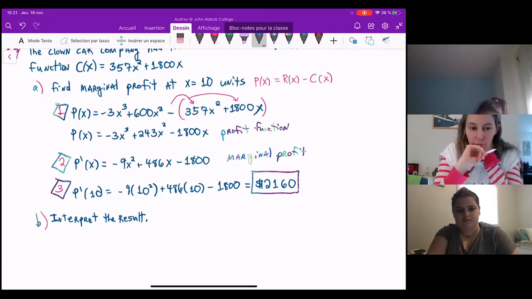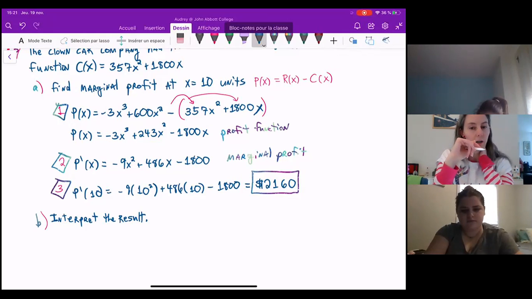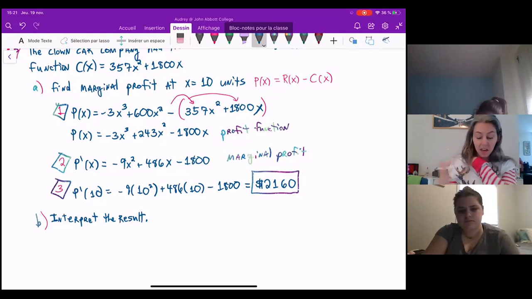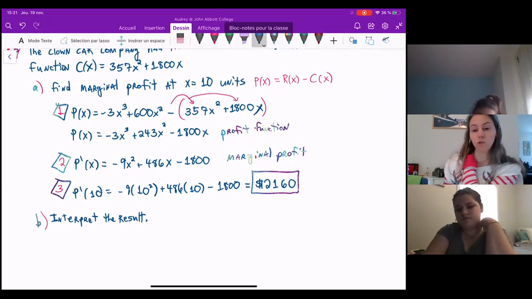Okay, we're getting closer. So this is not the profit. This is not telling me that if I sell 10 units, I'm going to make $2,160.